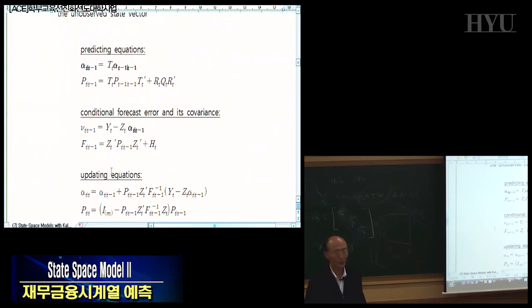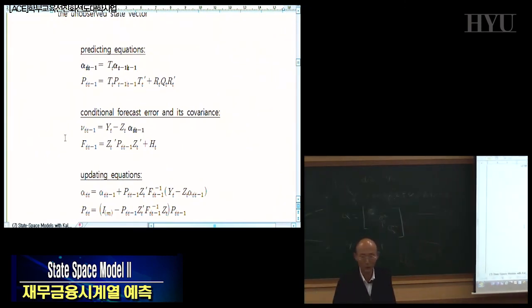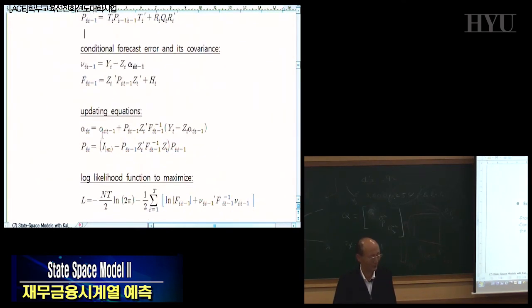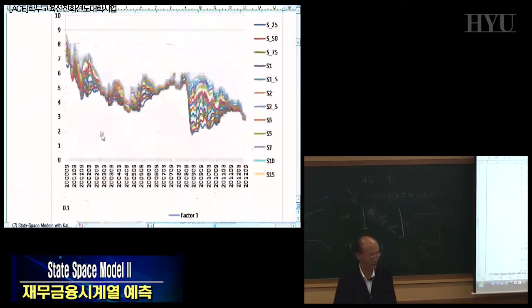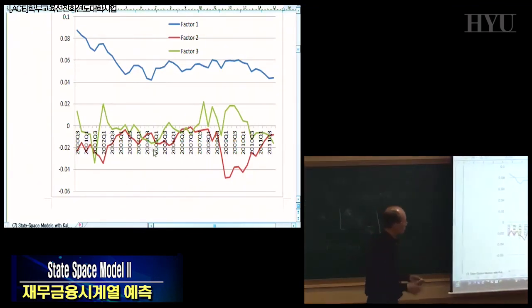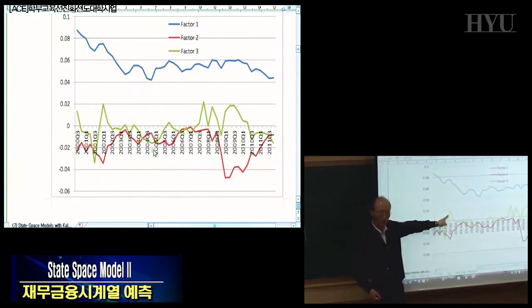Okay, seen enough for the Kalman filter problem? You see? Very similar, right? The factors are very similar shape. So the one you couldn't see was probably this one.